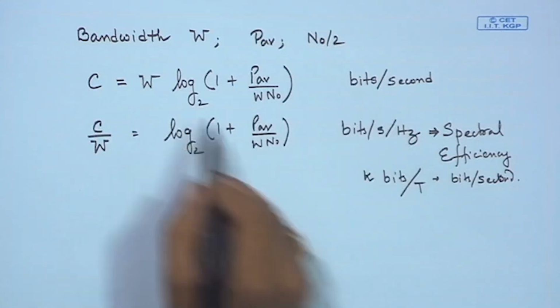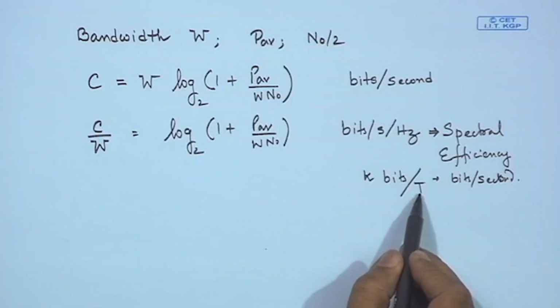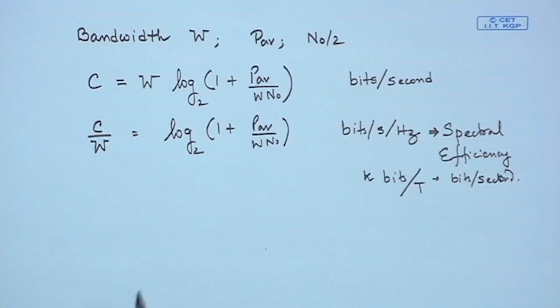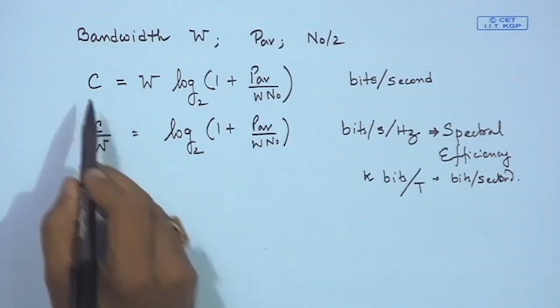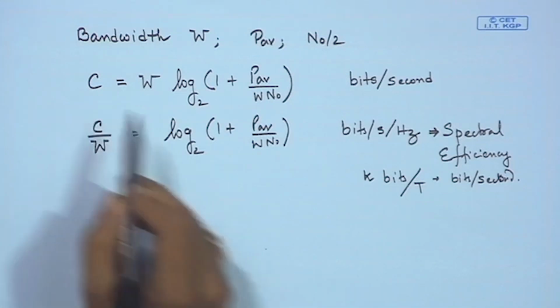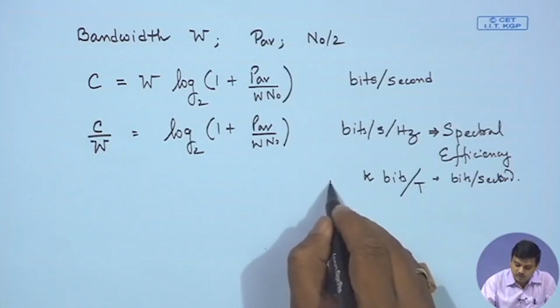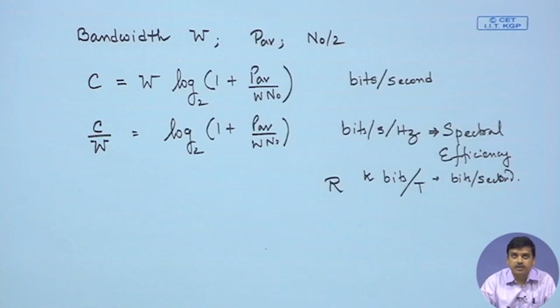W and T are inverses of each other. So, we would be able to compare the capacity in bits per second to the term k upon T, which is also known as R bits per second.